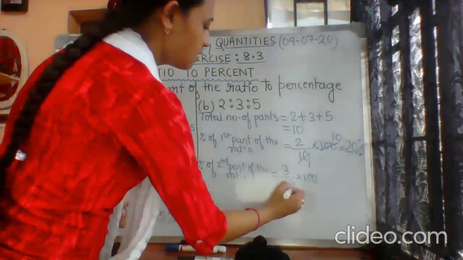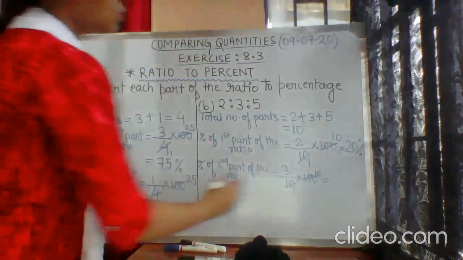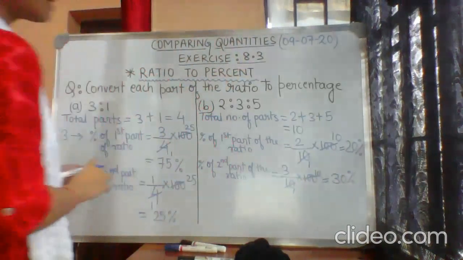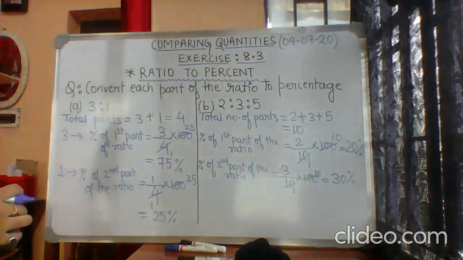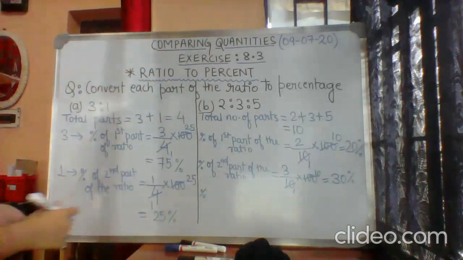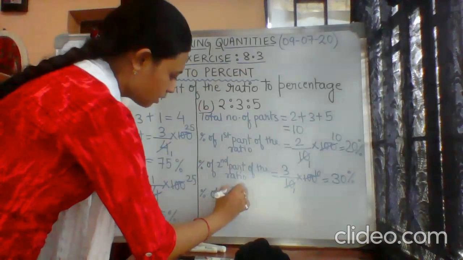So 10 ones are 10, 10 tens are 100, that will be equal to 30%. So second part percentage is 30%. Okay, now similarly you have to find the percentage of third part of the ratio.